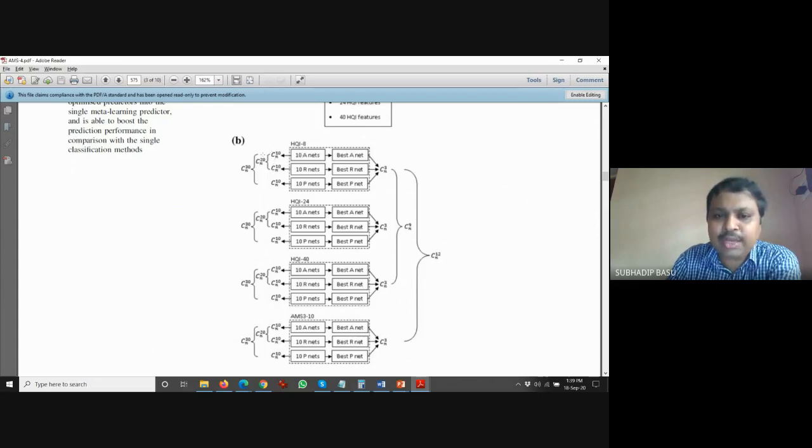AUC and R combined, you can have a C20 consensus, and with all 30, you can have a C30 consensus. Again, if you consider the best nets, then you have a C3N for the HQI8. So if you consider only the HQI8 feature set, you can have a 3 consensus, a 10 consensus, a 20 consensus, and finally you can also have a 30 consensus result.